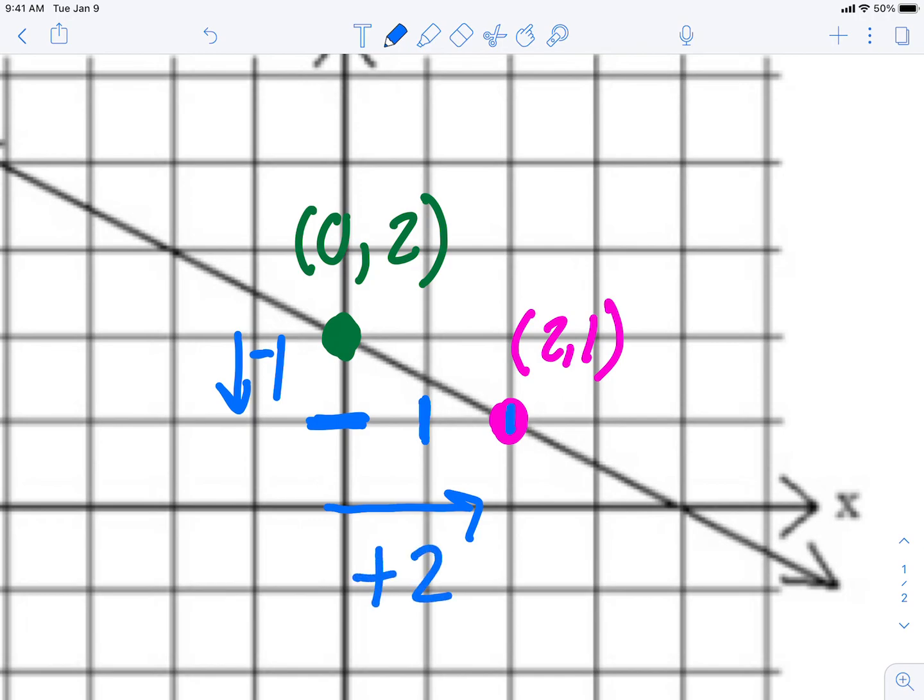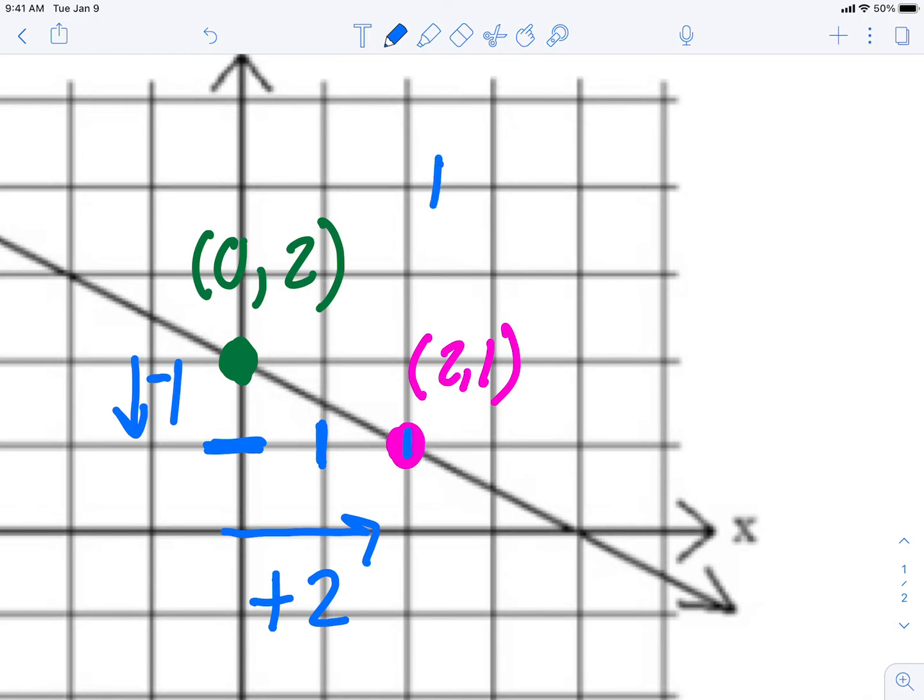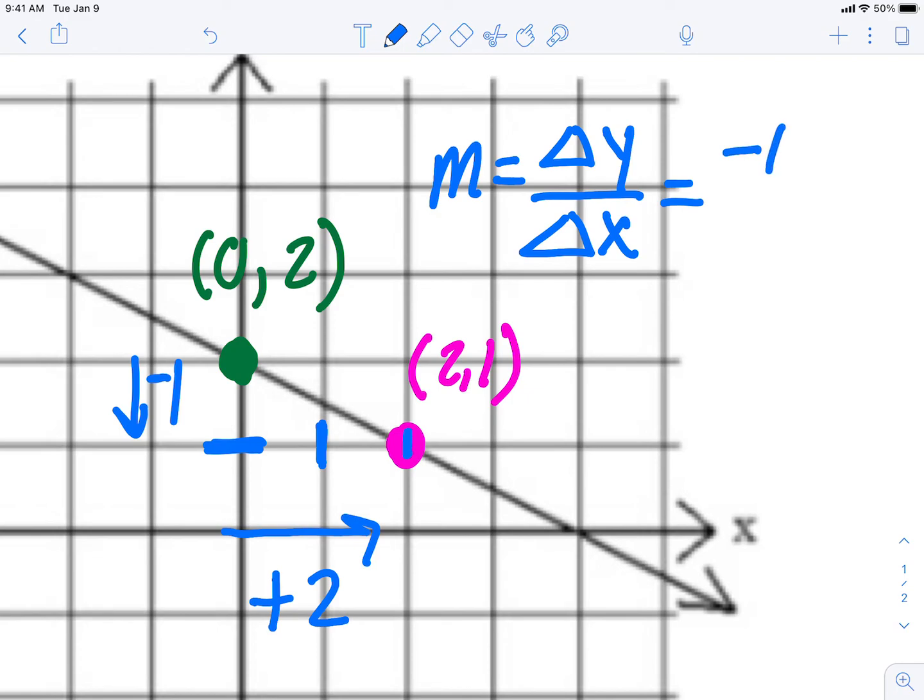So my slope was delta y over delta x. Delta y means I went down 1, so -1, and delta x means I went over 2. Down 1 and over 2.